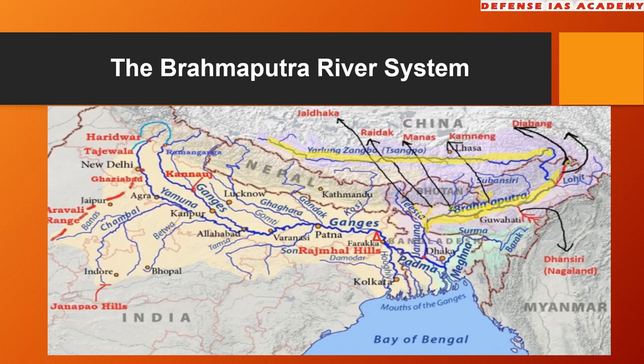It flows parallel to the Himalayas in the eastward direction, and most of its flow lies outside India, and near Arunachal Pradesh, it takes a U-turn and enters India.